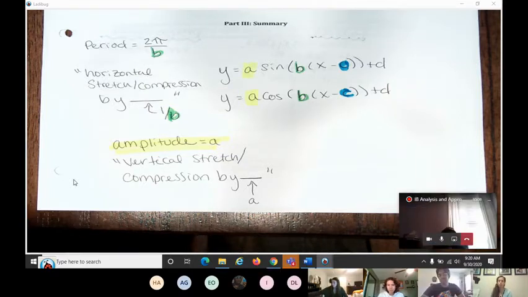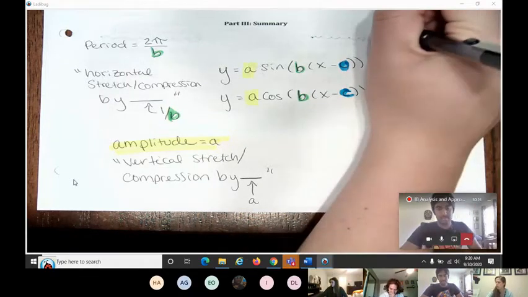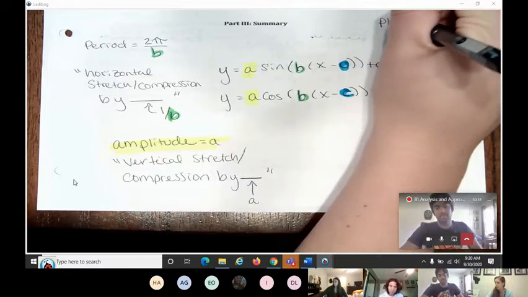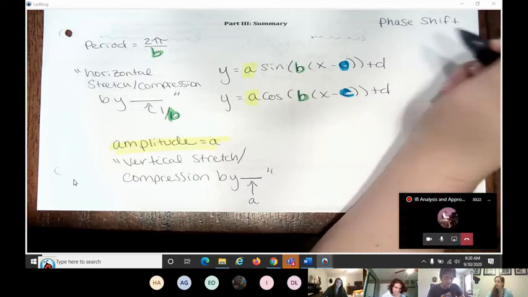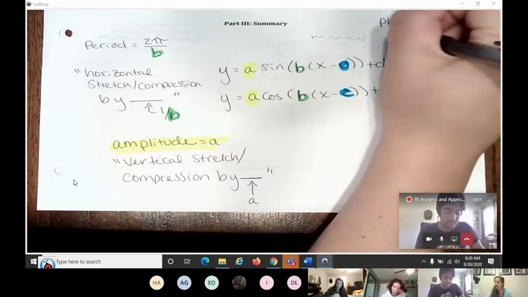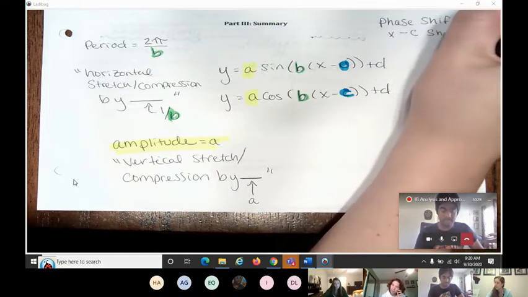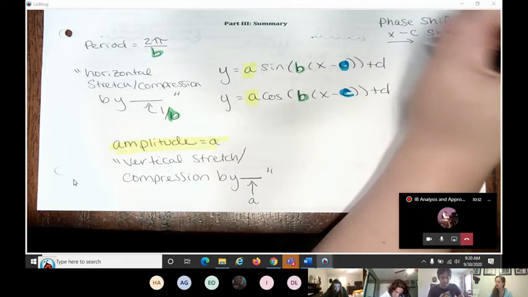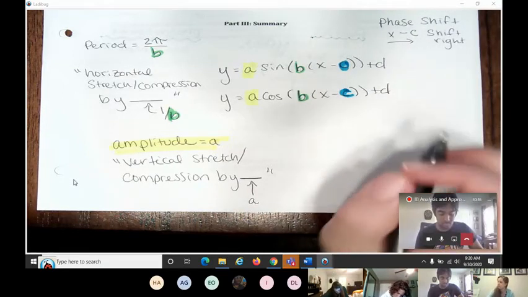That's the horizontal shift, sorry. Yeah, we call it a phase shift. Okay, so x minus c is going to shift right. When it's inside of the function itself, it kind of does the opposite of what you would think.